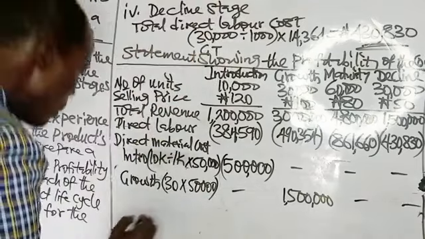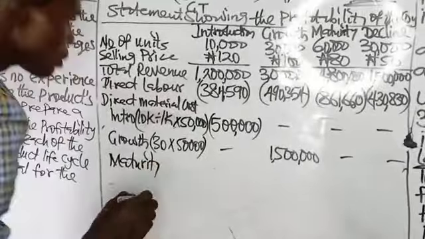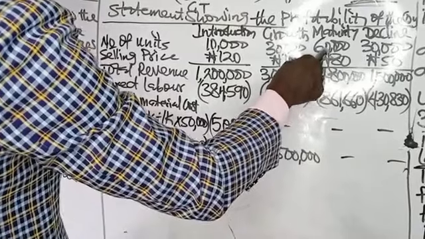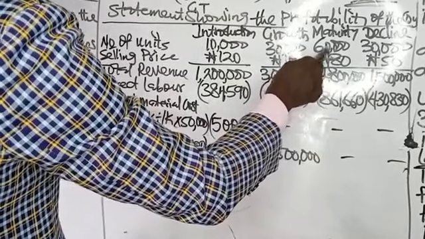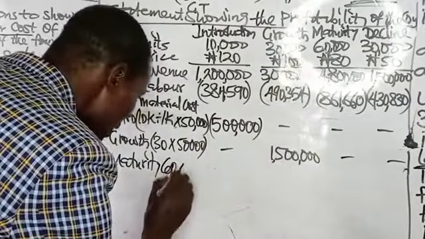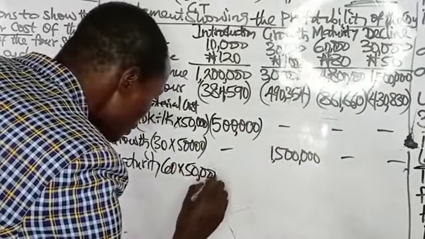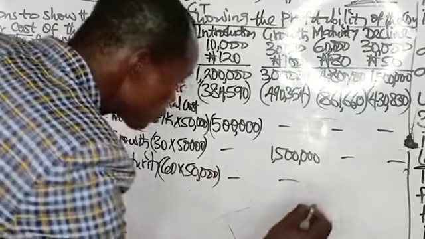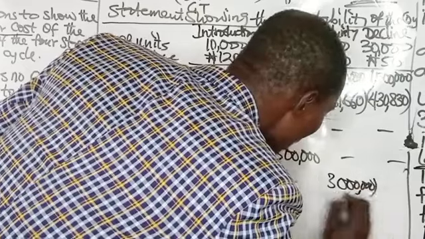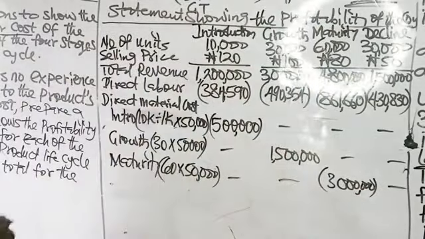Then for maturity stage, 60,000 divided by 1,000. That will be 60 batches. 60 times 50,000. This will be 3 million at the maturity stage.